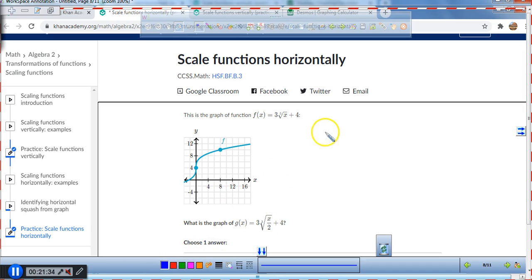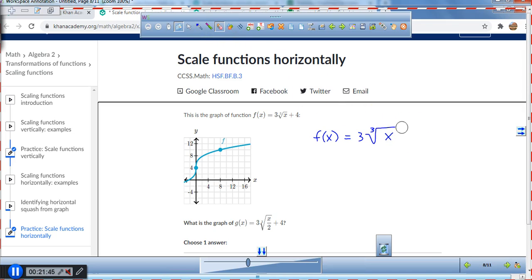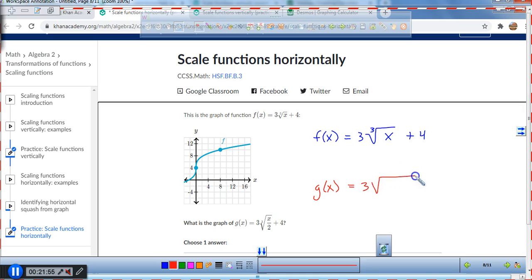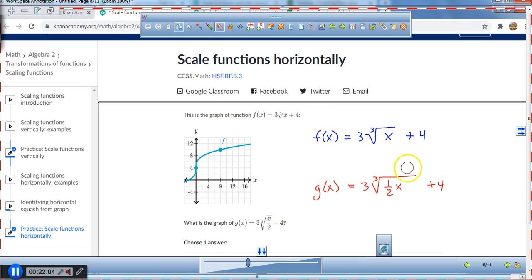So our original function is f of x equals 3 times the cube root of x plus 4, and now g of x equals 3 times the cube root of a half of x plus 4.